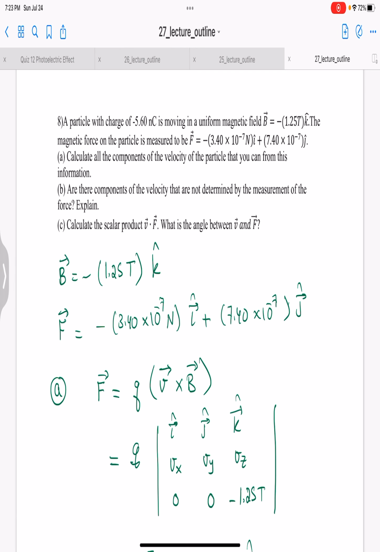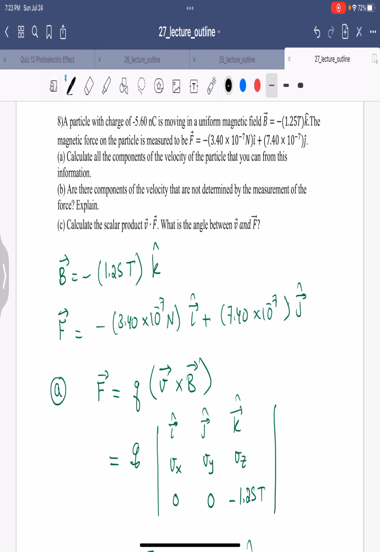What I want to do is draw here. This is my X, this is my Y, and this is my Z. What is going on here is that I have that particle that has this charge.